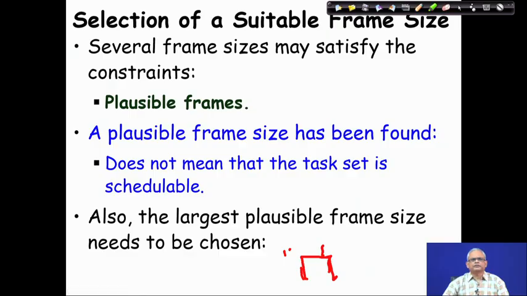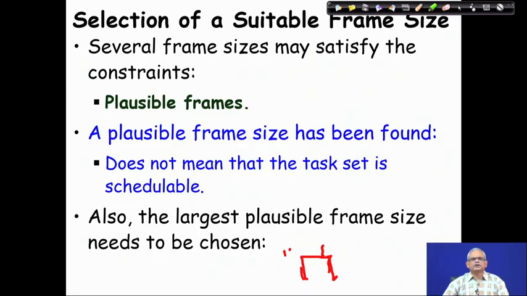at every frame boundary, the scheduler needs to run. So, if we choose 5 as the frame size, then there will be many frame boundaries compared to when we choose 8 as the frame size.